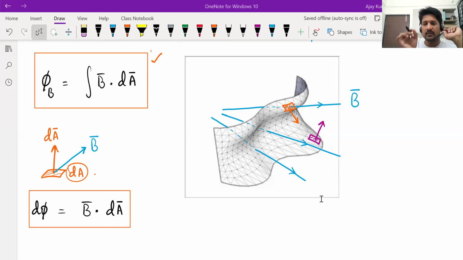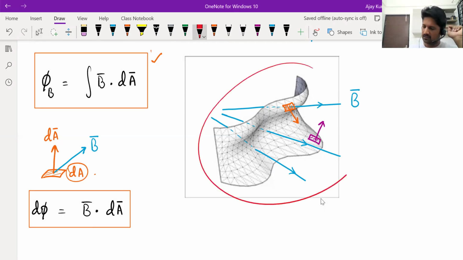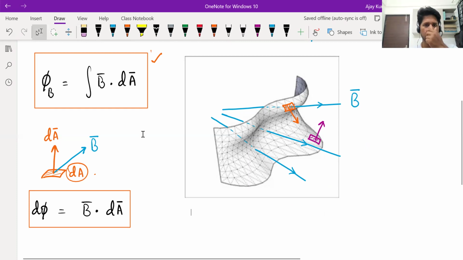One of you tell me, can you assign a direction to the area vector of this complete sheet? Will you be able to assign, just by looking at it, a particular direction to its area vector?